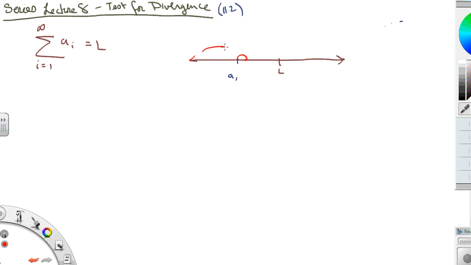So I went from 0 to A1, and I add A2, and I get A1 plus A2, and I add A3, and I get A1 plus A2 plus A3, the next partial sum, S3. I'm going to add A4. I'm going to add A5.